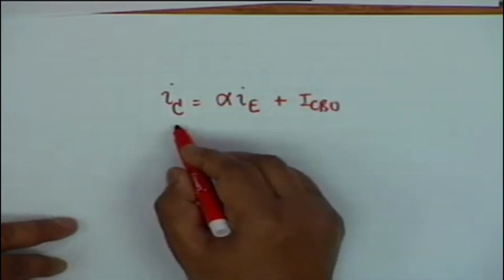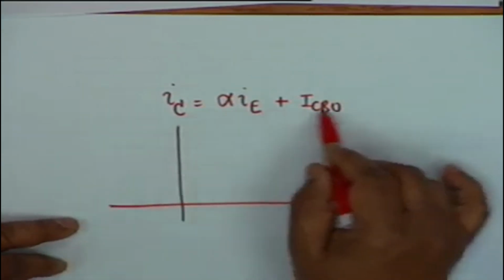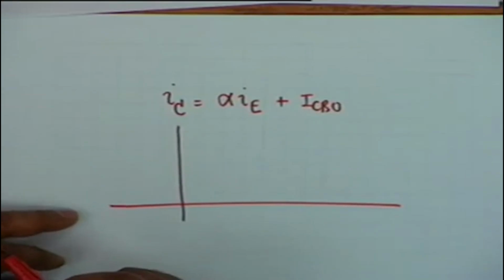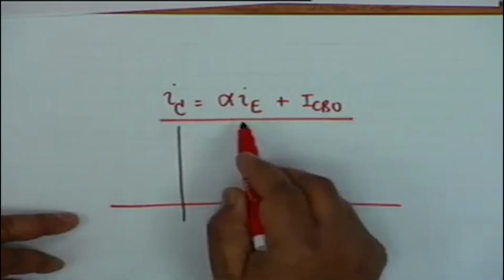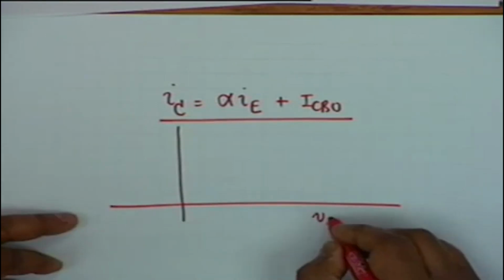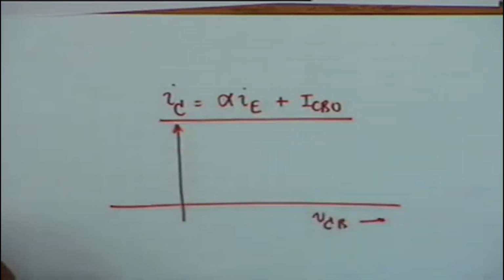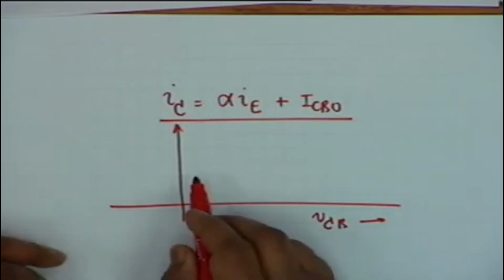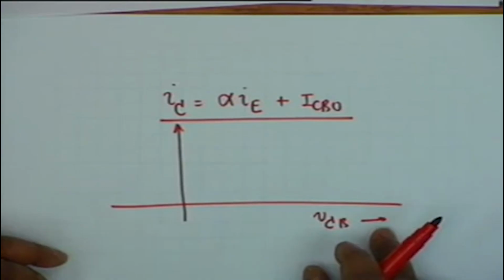In other words, if I plot, you also notice that this characteristic is independent of V_CB. I sub C is independent of V_CB, and therefore if I plot I sub C versus V_CB, it should be a straight line parallel to the V_CB axis.